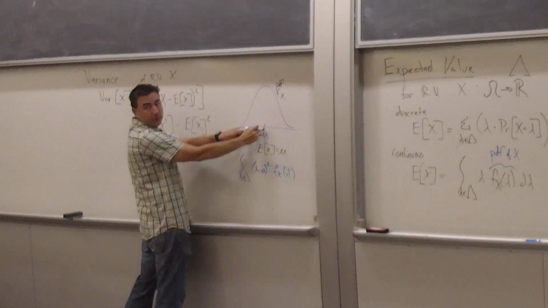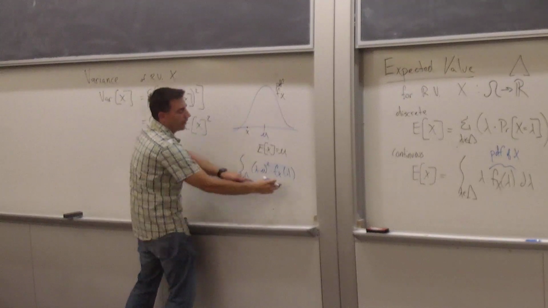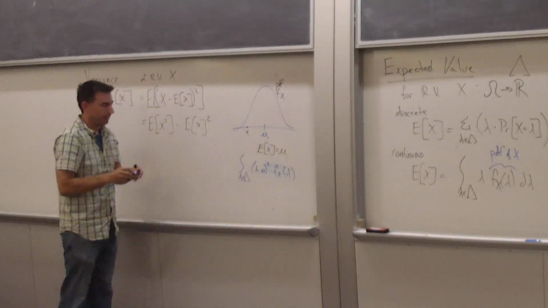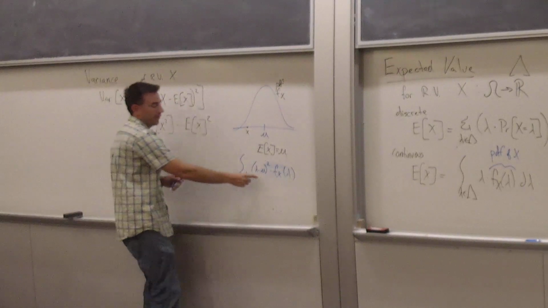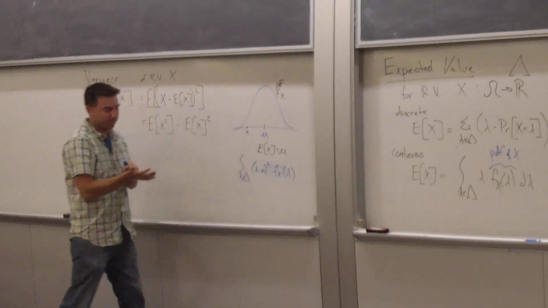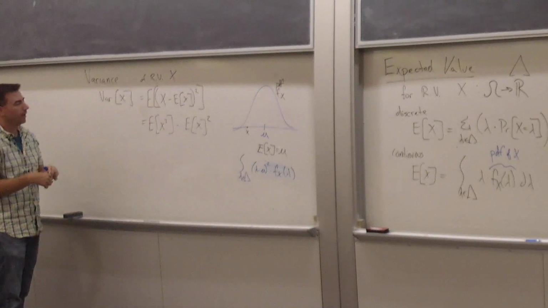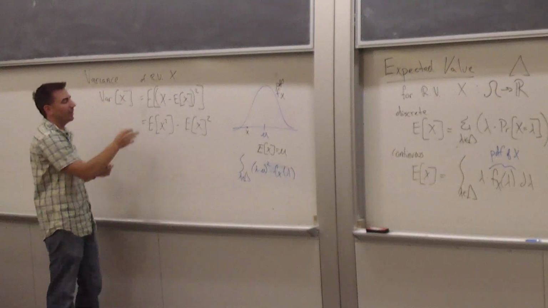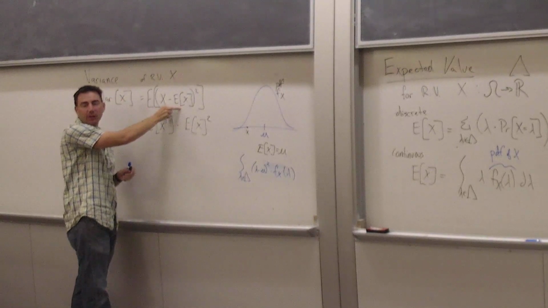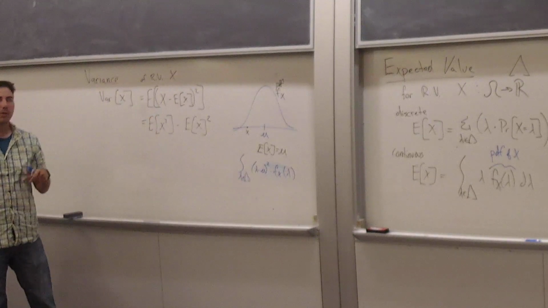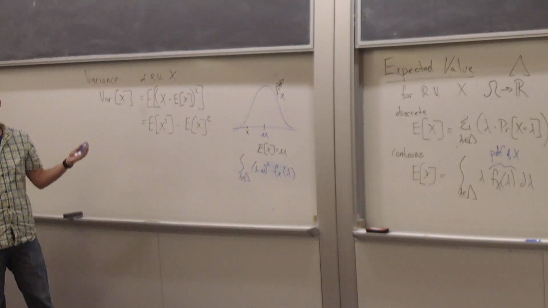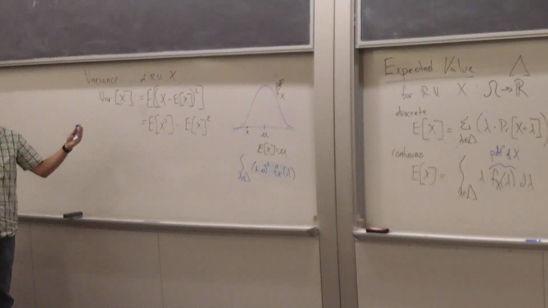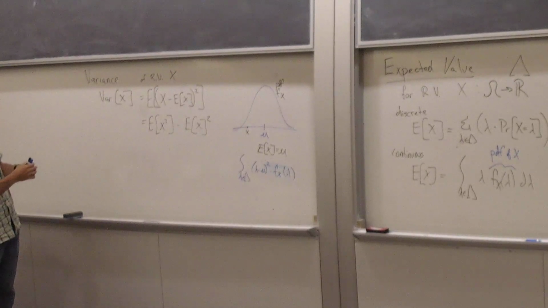As I get closer to mu, this term becomes smaller. So that's what it's saying here: it's the average squared deviation. In expectation, what is the average squared distance that I am from the mean? It tells me how far away I am from the mean.